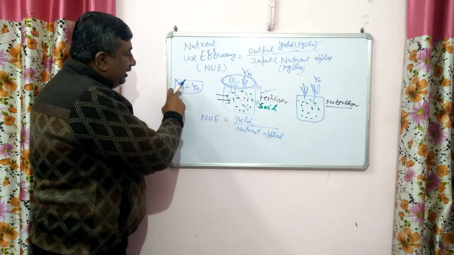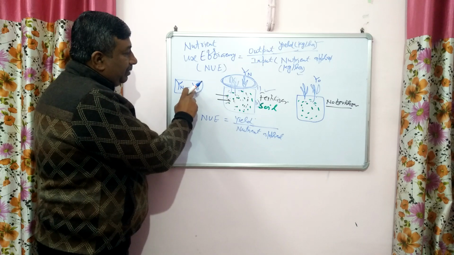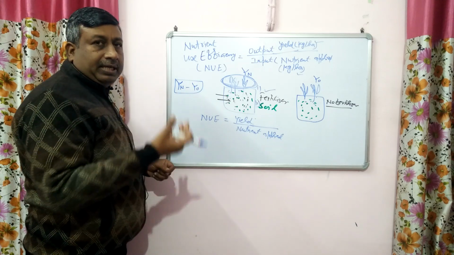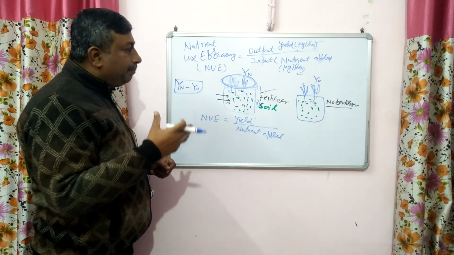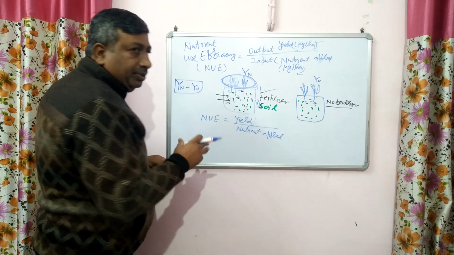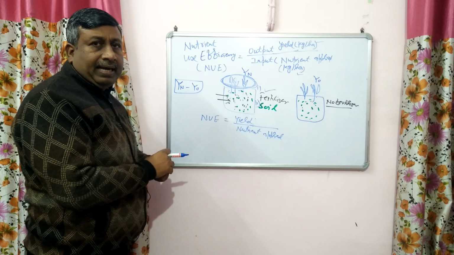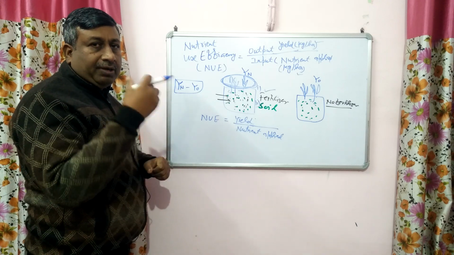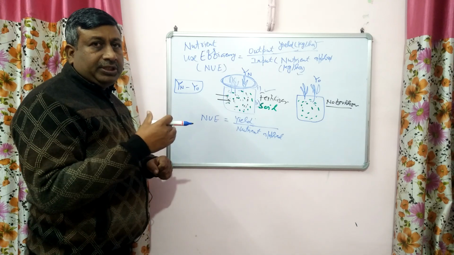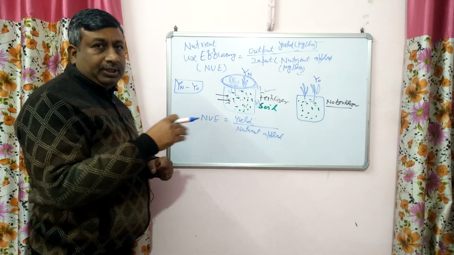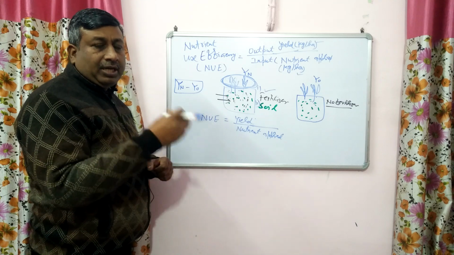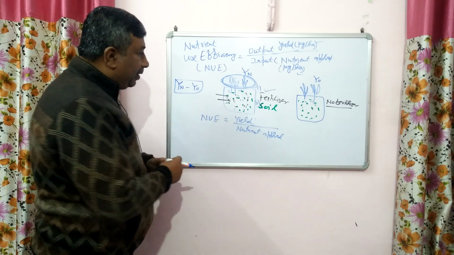One yield has both soil plus fertilizer, the other has only soil, so we can calculate how much yield is obtained only by fertilizer application. This is agronomic efficiency. Agronomic efficiency tells how much yield is increased by fertilizer, deducting the soil contribution, per kg nutrient applied.